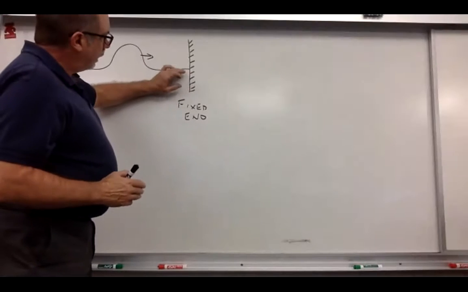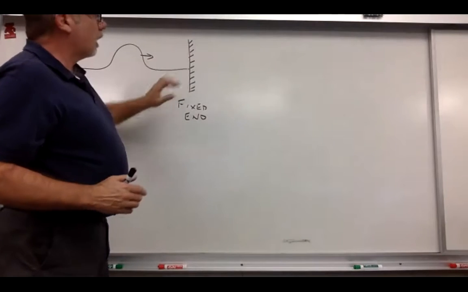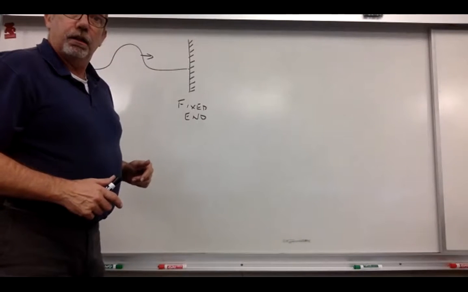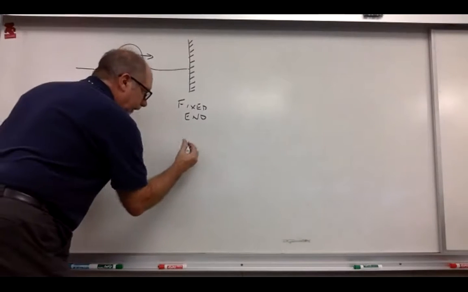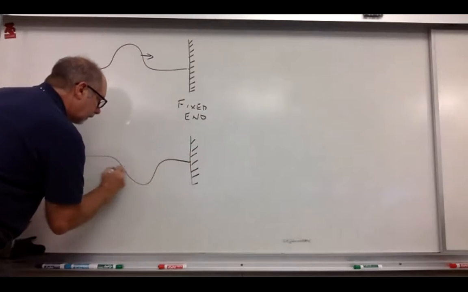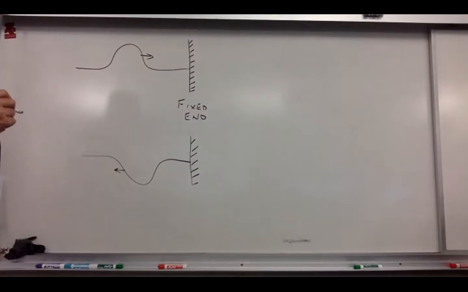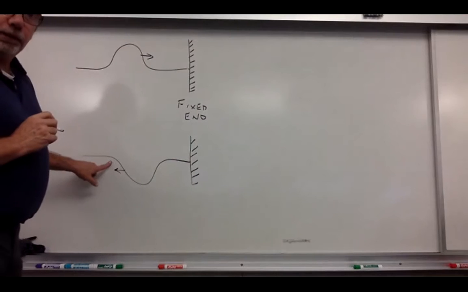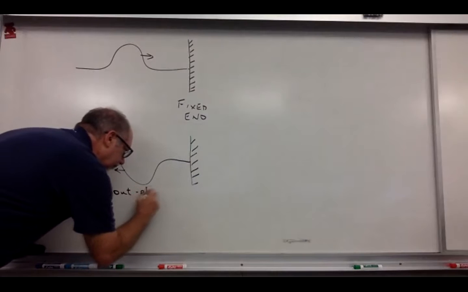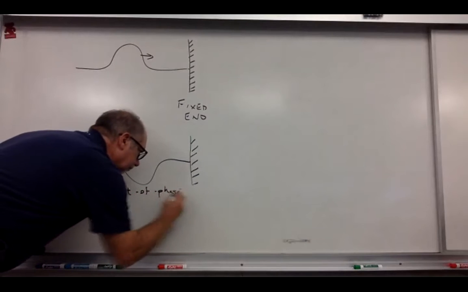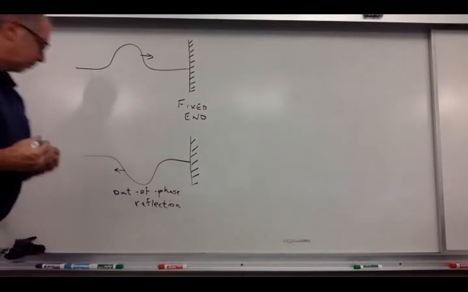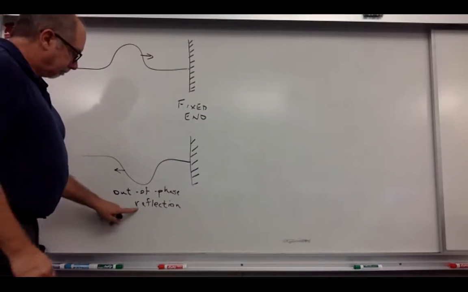So instead of the pulse pulling the wall up, the wall pulls the pulse down instead. All right, and the reflection of this, when it goes back to the left, will actually be on the other side. It'll be on the downward side of the equilibrium position, okay? And we call this an out of phase reflection.